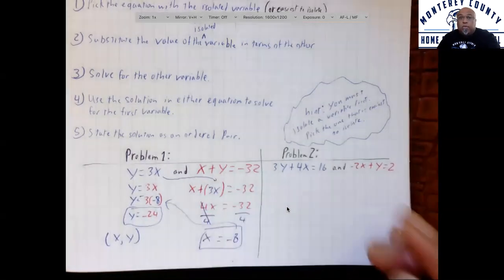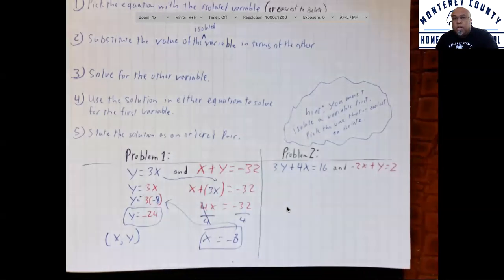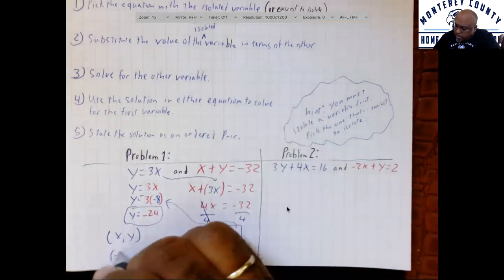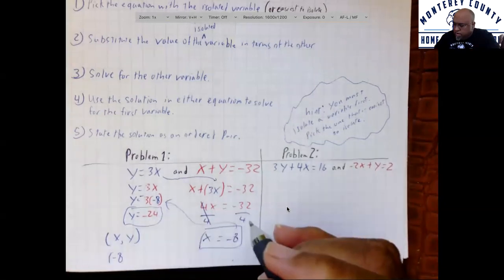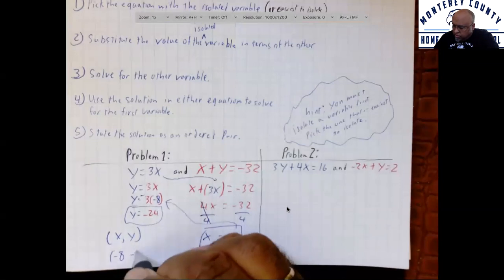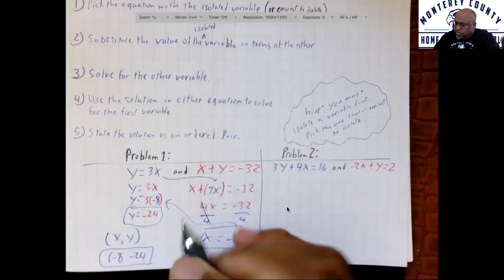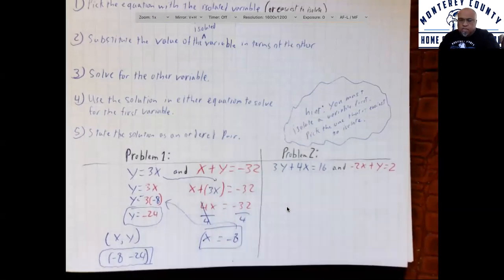And as you probably already remember from lesson 6.1, the solution to a system of equations is an ordered pair. So my x value is negative 8, and my y value is negative 24. So the solution to the system is negative 8, negative 24.